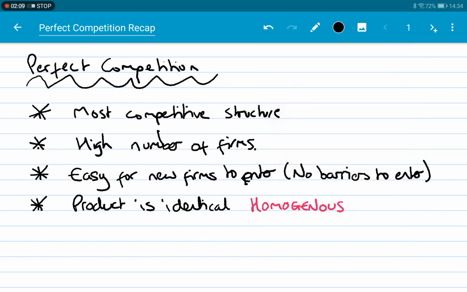And that means it's identical. Now, the importance of that is that customers won't mind which firm they use because the products are all perfect substitutes for each other because they're identical.